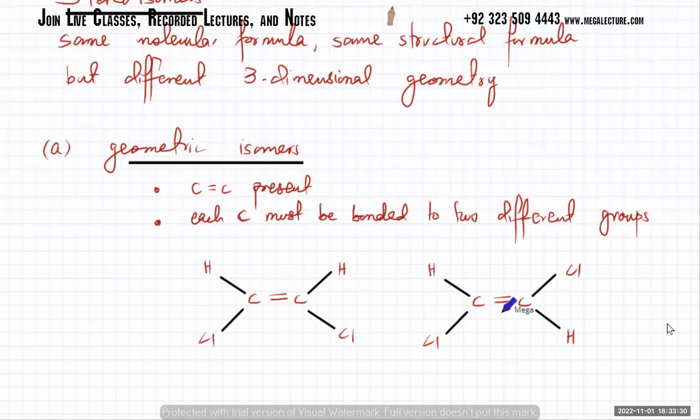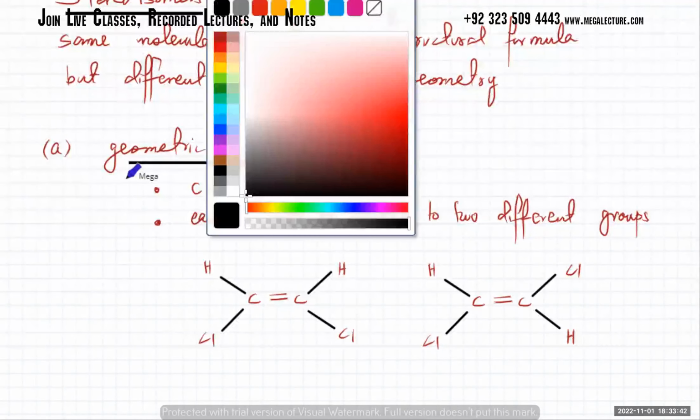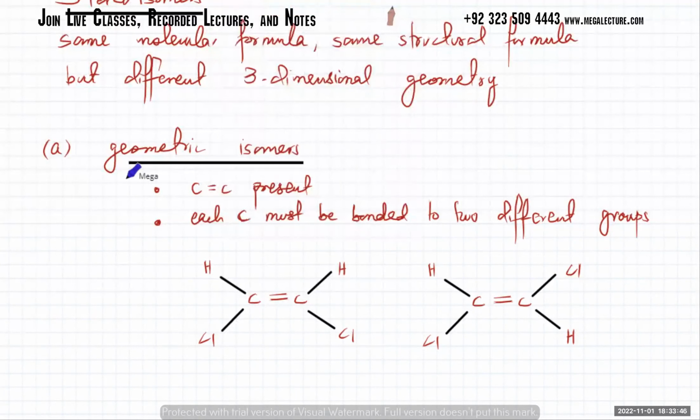What's the reason for that? तो CLs दोनों same side or CLs दोनों opposite side? So you had one which was cis, the other one which was trans.